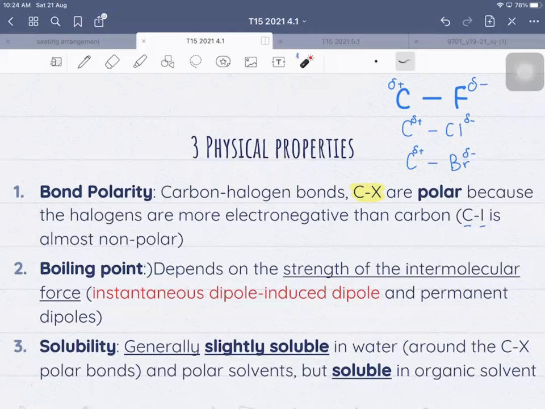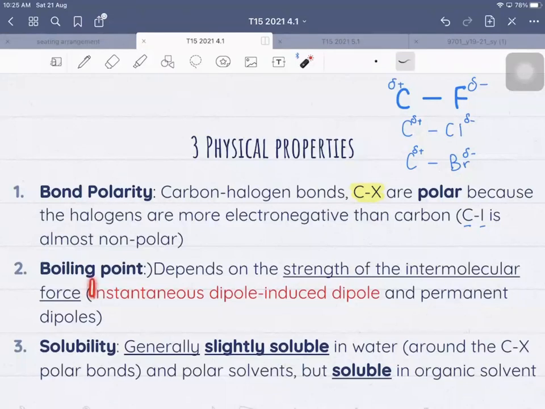Next, boiling point depends on the strength of the intermolecular forces. Of course, this is the same as other functional groups as well, alkanes, alkenes. In the case of halogenoalkanes, however, there are 2 types of intermolecular forces. The first one is the ID force, which I believe in your notes is written as van der Waals forces.